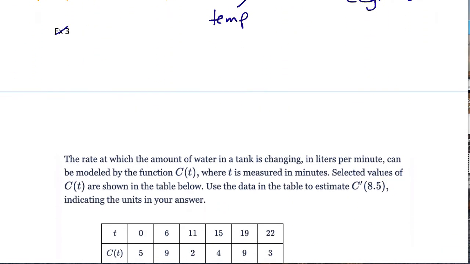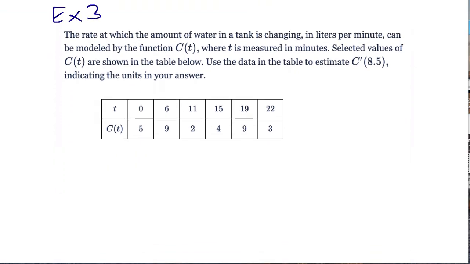Okay, here's example 3. The rate at which the amount of water in a tank is changing is in liters per minute and is modeled by this function. So again, this is a rate, and it is in liters per minute.